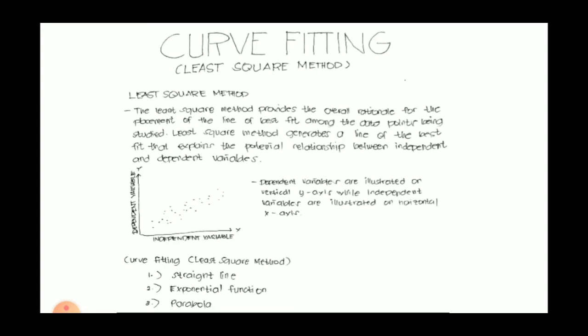Least squares regression is used to predict the behavior of dependent variables. So, with the least square method, we can solve the required equation to predict the dependent variables.